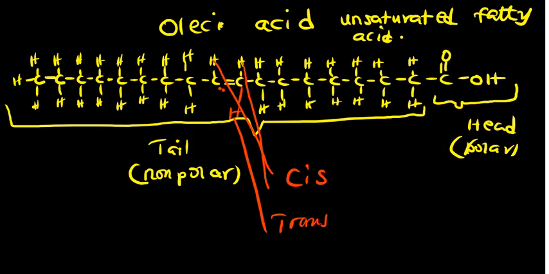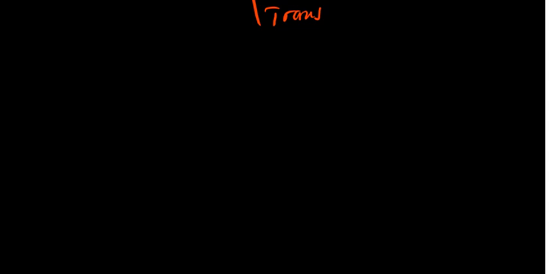So let me just write it somewhere so that you don't get confused. Some students get confused when you give an example here. They'll think maybe that's how it is for the structure. So we have, for example, this hydrogen here and this hydrogen here.